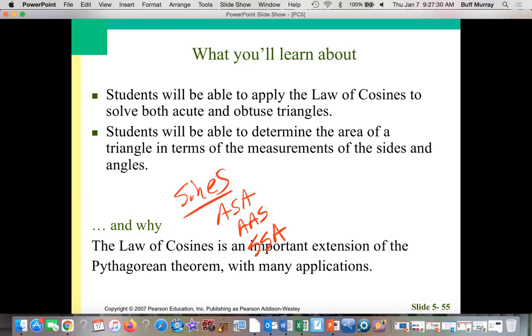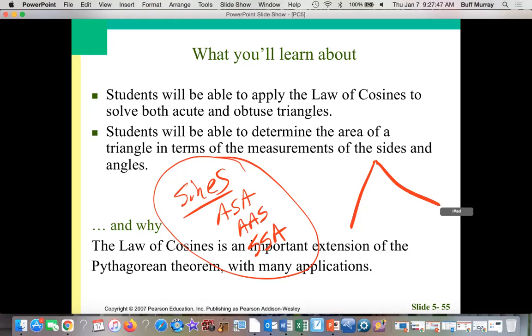All right, so once again, this is when we'd use the law of sines. Basically, the way I like to say it, the way I learned it back many years ago, is that if I was ever given what's called an angle side pair, I could use the law of sines. Now, what I mean by that, this would be an angle side pair right here. This angle and this side right here.